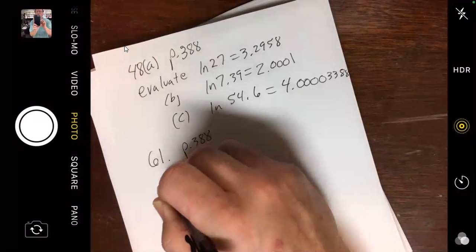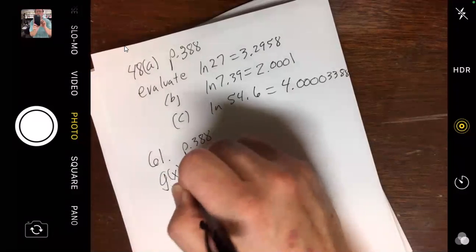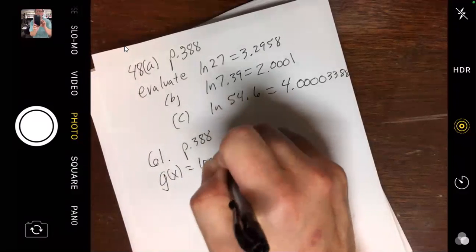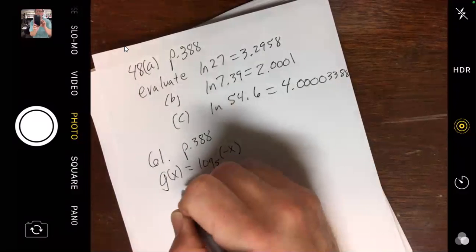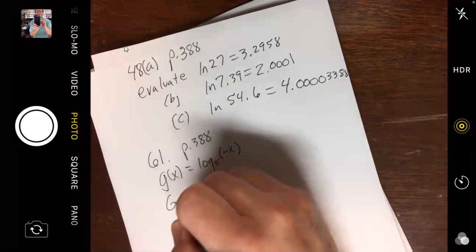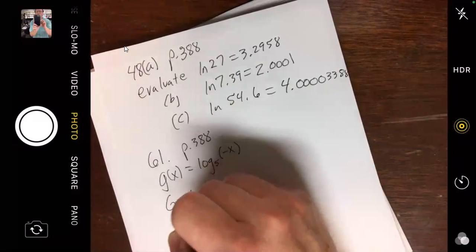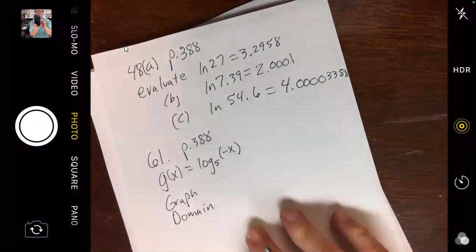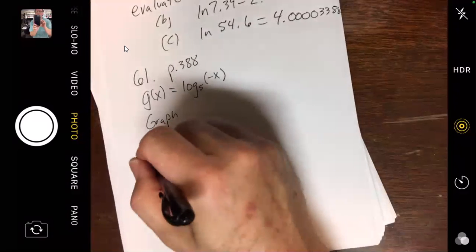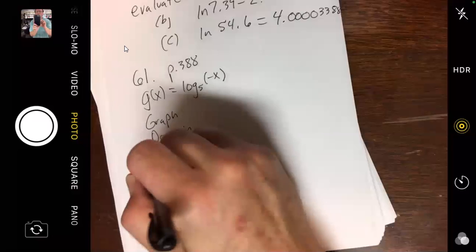g of x equals log base 5 of a minus x. We want a graph, domain, range, asymptote.